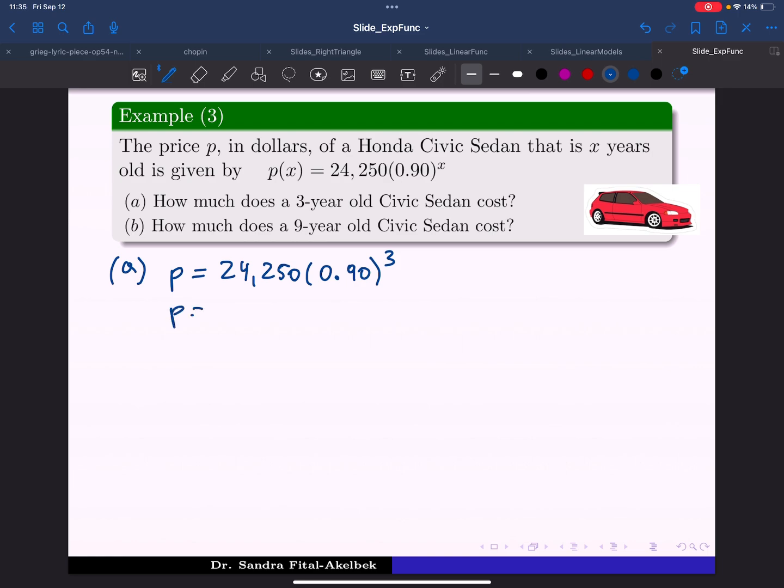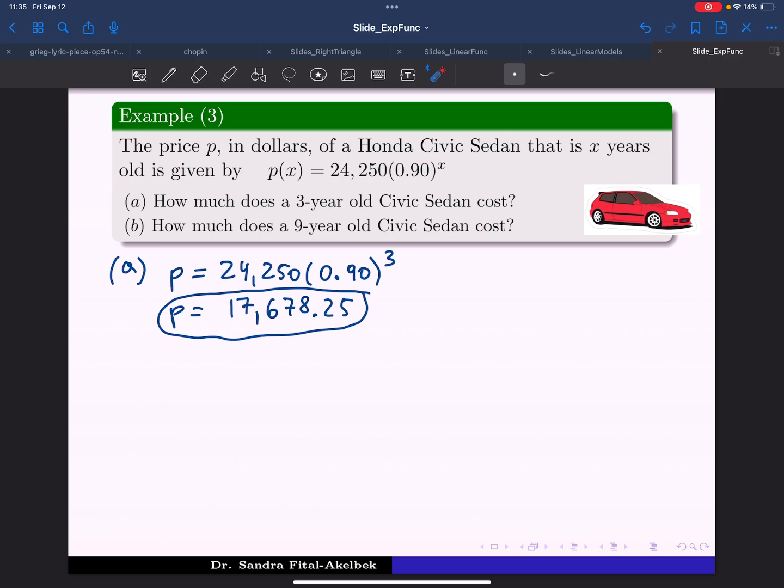P would be equal to, if I calculate this correctly, 17,678.25. So a 3-year-old Honda Civic sedan would be $17,678.25.